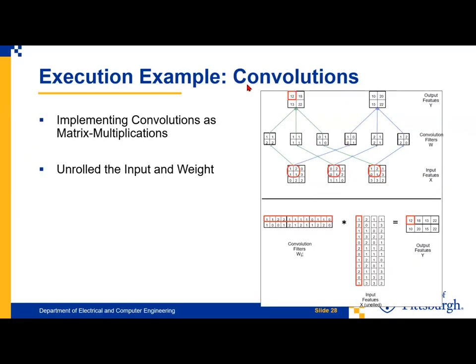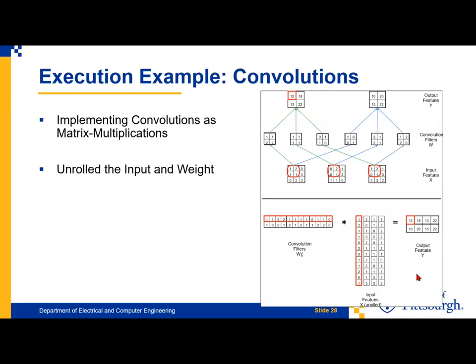Also, the 2D convolution operation is an important operation for image pattern recognition, right? And how do we do the convolution on the systolic architecture? Actually, the convolution operation can be unrolled to form a matrix operation.